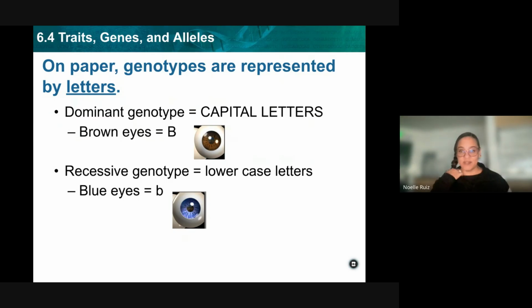This is just how we put things together in terms of genetics. So you will be asked to write a genotype. And if I ask you to write the genotype for this, it is just going to be in the form of letters.